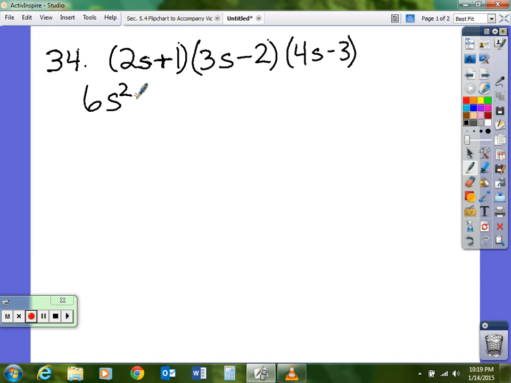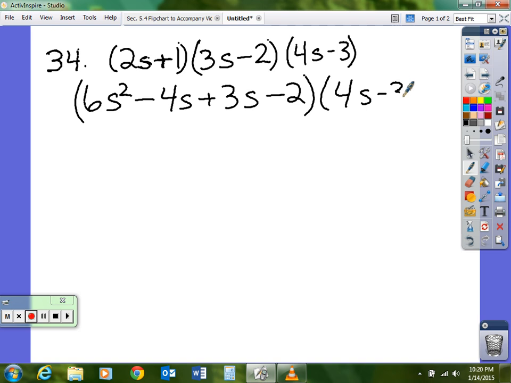The outside terms, 2s times negative 2 is negative 4s. The inside, 1 times 3s, positive 3s. And finally, the last, 1 times negative 2 is negative 2. Put all of that in parentheses and make sure that we continue to multiply that by 4s minus 3 at the end.